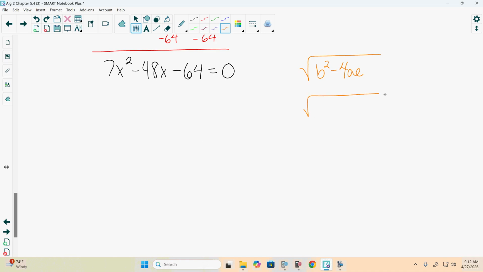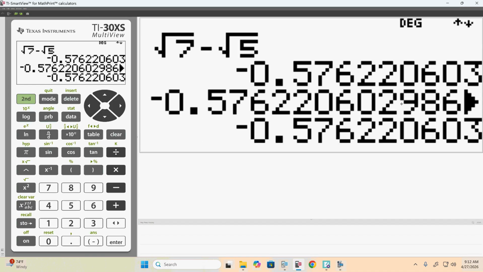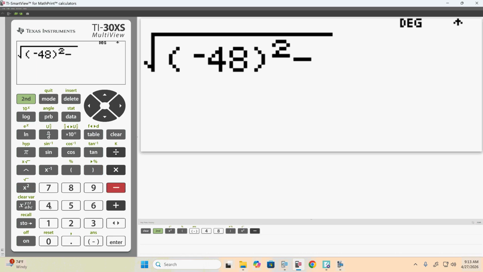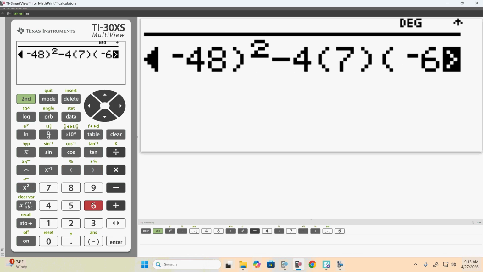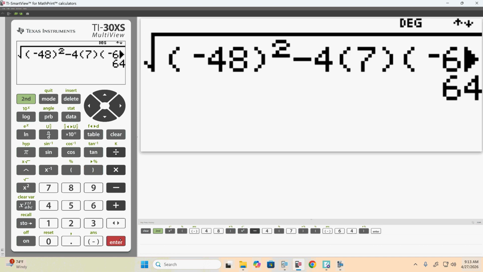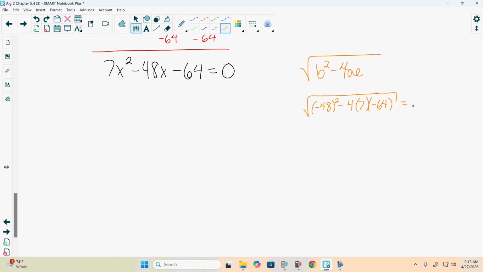What we would be checking here is the square root of negative 48 squared minus 4 times a, which is 7, times c, which is negative 64. And it is 64. So what that's telling us is that our solutions are rational, and this is factorable.